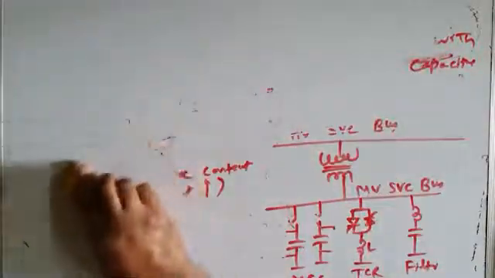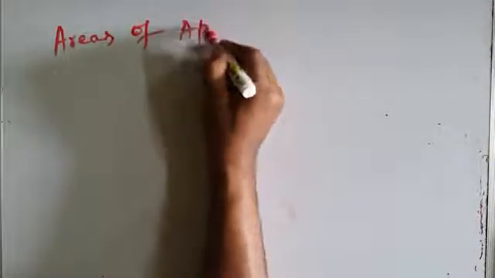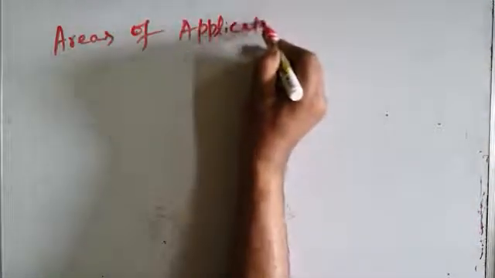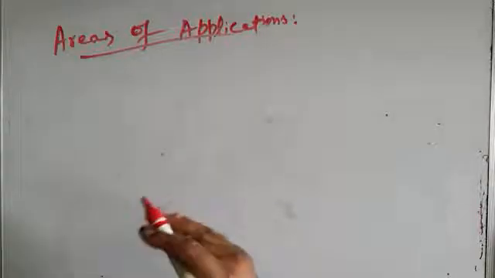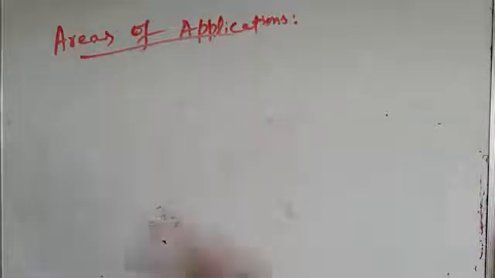So, understanding the advantages and drawbacks of the MSC TCR SVC, now we can identify the area or areas of application. Where do they find their applications? Obviously, they cannot be used in those applications where frequent disturbances occur, because for frequent disturbances you need quick response and switching operation.